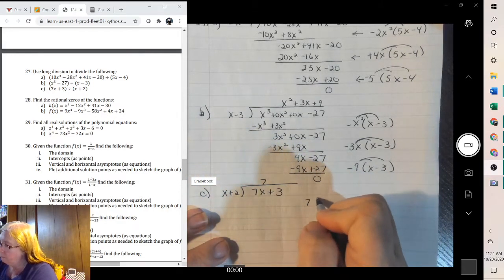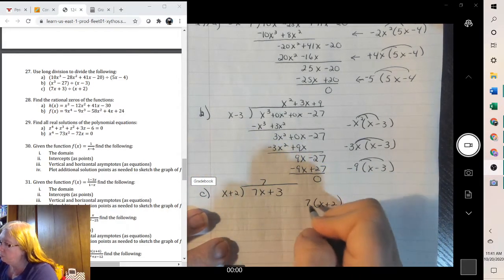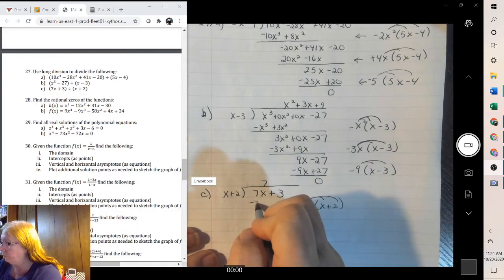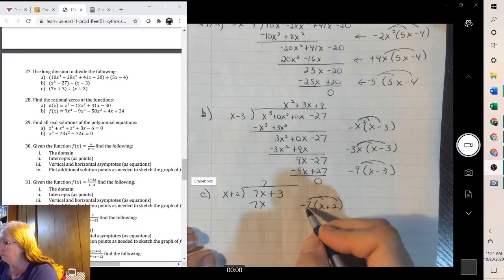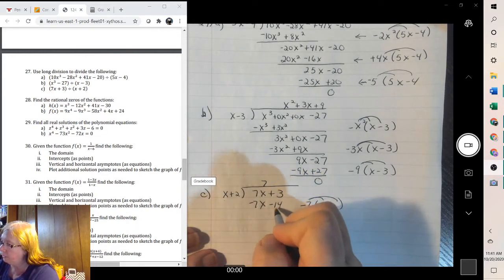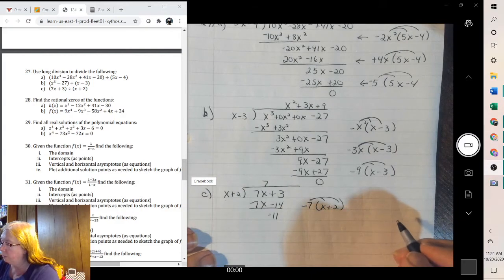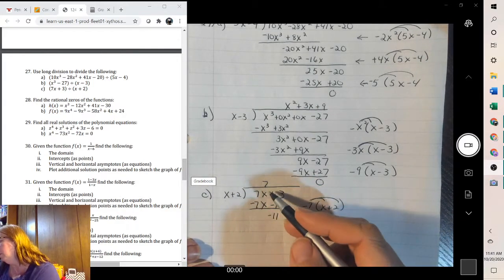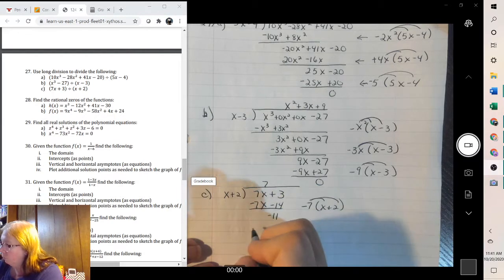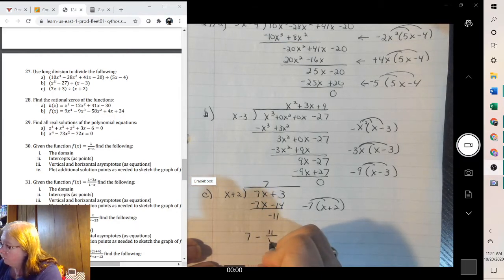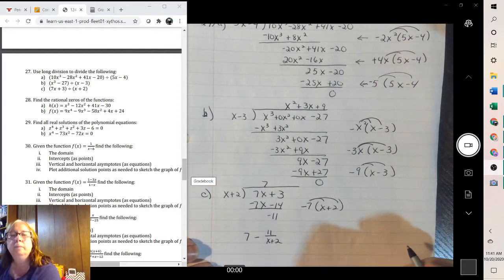So we take 7 times x plus 2, change the sign, and distribute. So we have negative 7x minus 14 gives us a negative 11 as a remainder. So it's 7 with a remainder of a negative 11, or it's 7 minus 11 over x plus 2.